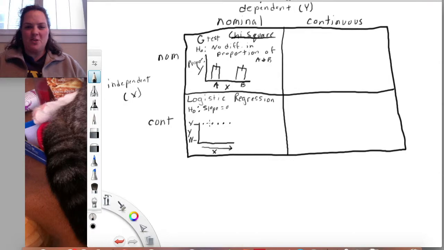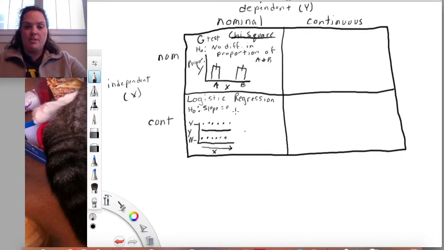Got a little confused there. So we have a no response and a yes response, but our null hypothesis is what? Well, our null hypothesis is that the probability of getting a no versus a yes answer does not change as a function of our independent variable.